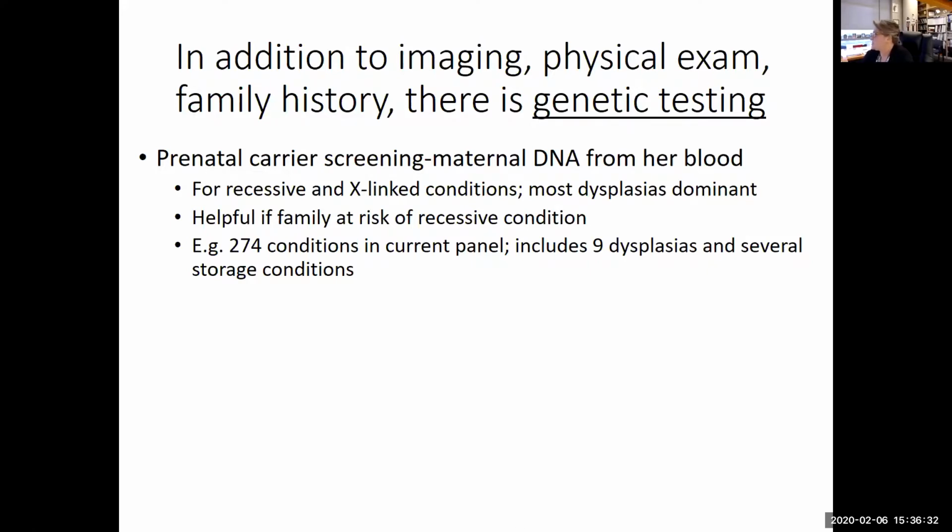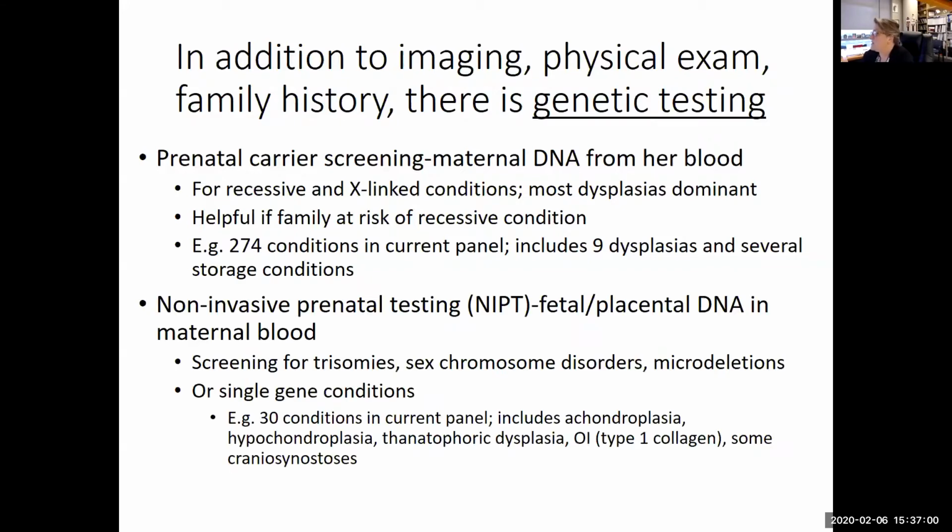Many of the dysplasias, particularly that list of the ones that you're going to hit the most, the common 10 to 15 different diagnoses, the majority are dominant conditions, so it's not going to be able to be picked up on carrier screening. It is helpful if there's a family at risk of a recessive condition, Ellis-van Creveld, for example, or something like that. And there are a variety of different panels that are out there, and some of them do include a few dysplasias, but that's not going to be your biggest chance to pick up a dysplasia.